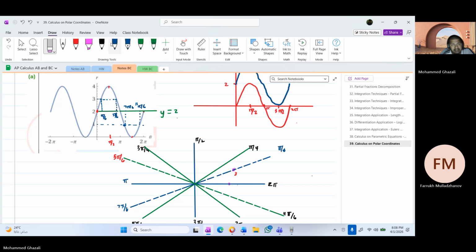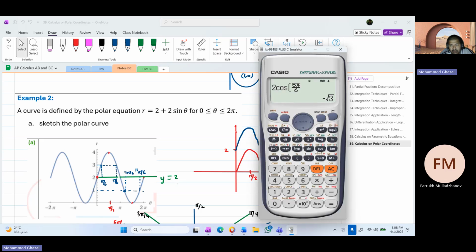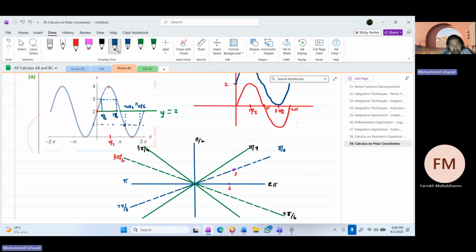You understand, right? You can go and work out what is pi by 4 by substituting it inside here: 2 plus 2 times sine of pi by 4. I'm getting 2 plus root 2, which is 3.41. So you can see the radius is increasing.